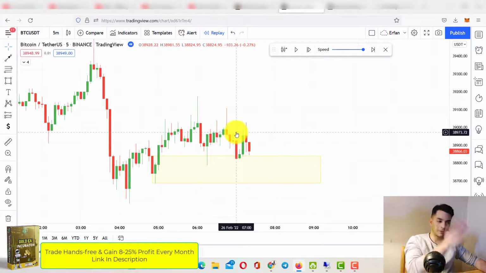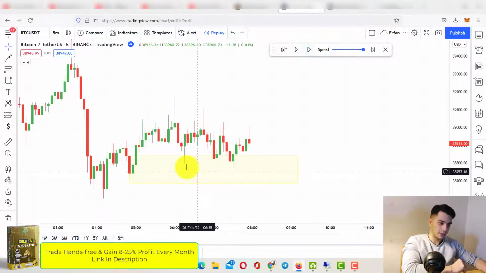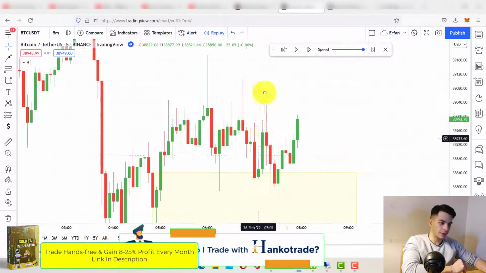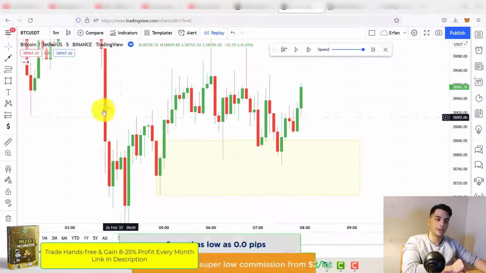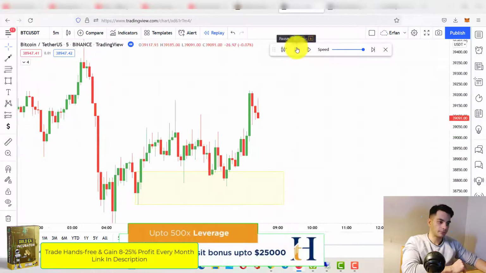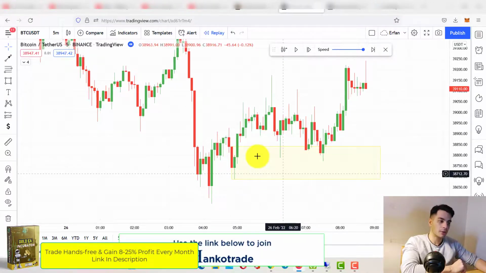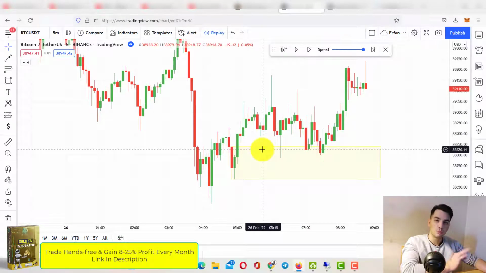Sometimes I do it under the candle, but it's kind of riskier. As you can see, if I had put it under the candle, I would have gotten stopped out. But if I put it here, see what happens. Boom, done. That's what I'm saying, because of this high probability order block, which is super powerful.